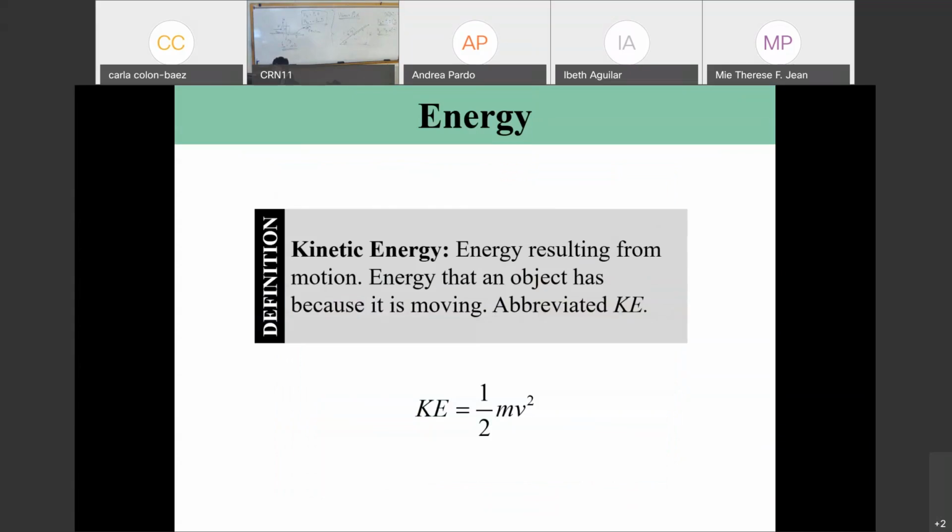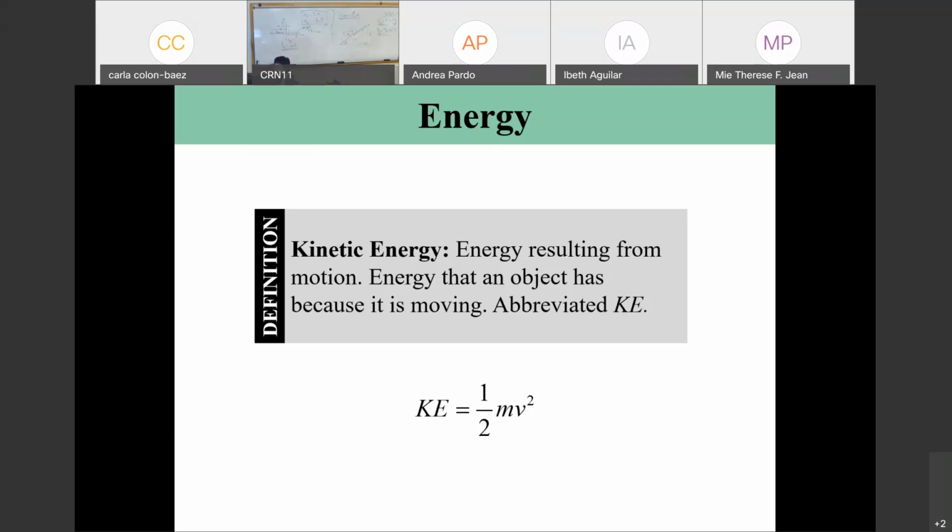In mechanics, that's the most common one because that's the one that is related to the speed of an object. When the object is moving, we have the KE, kinetic energy. It's very simple to compute it if you know the speed and the mass. The usage of it is what matters.